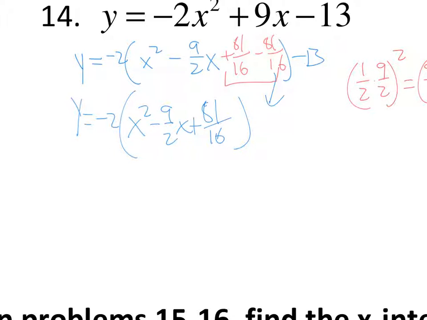If you want to think of it, this is 2 over 1 times 81, that's 162/16, and that fraction is going to simplify to just 81/8. Basically, this 2 divides that by 2. No fraction stuff there. Minus 13.